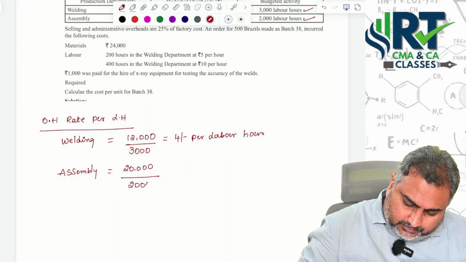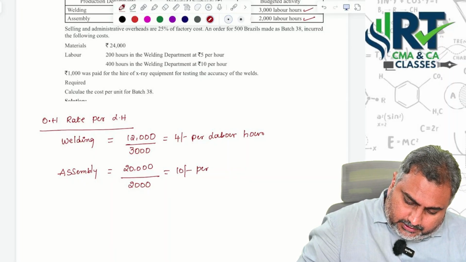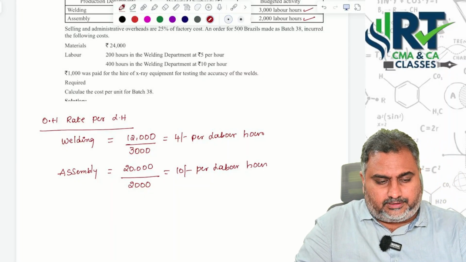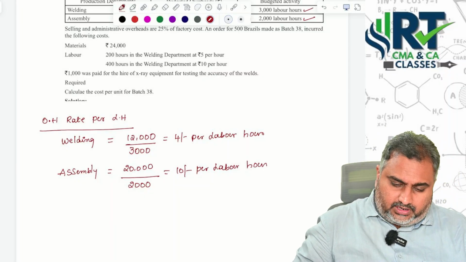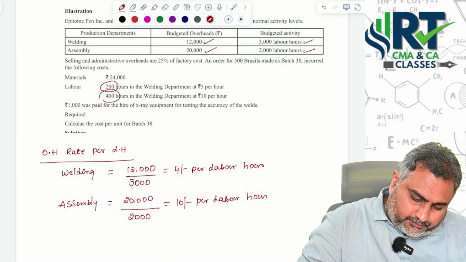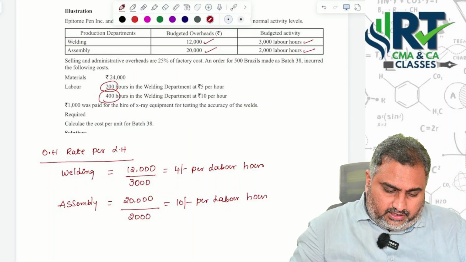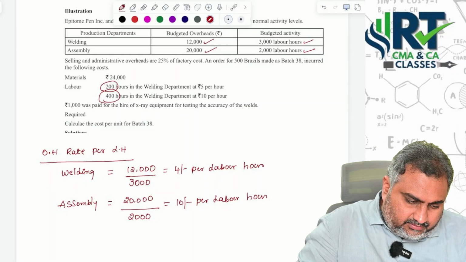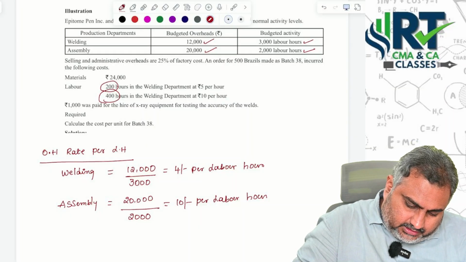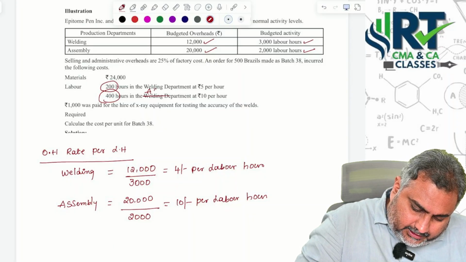So the overhead rate per labor hour is 10 rupees. Now the labor hours: 200 labor hours, 400 labor hours. It's a printing mistake, I think. This is for the welding department, this is for the assembly department.